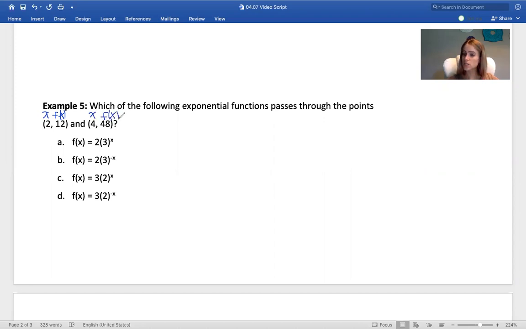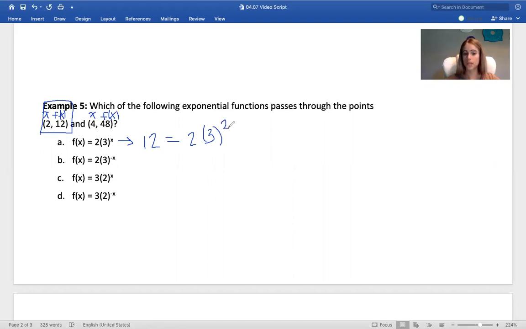So if you really like to use substitution, you can substitute those values into the equation and solve. For example, for number 1, I'm going to focus on this one right here. So 12 would be substituted in for f of x, and then 2 would be substituted in for x.